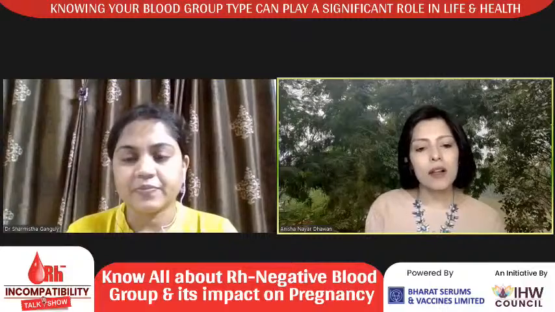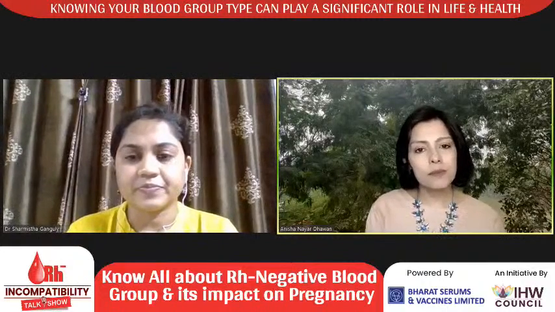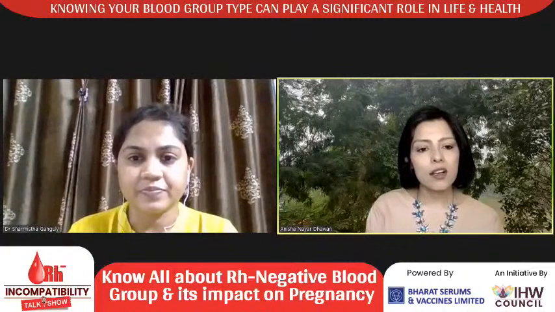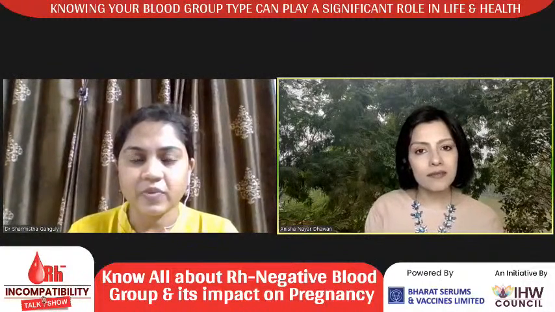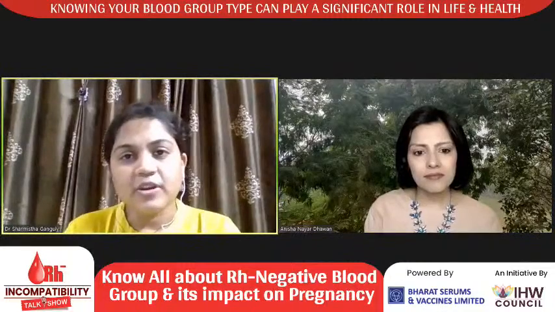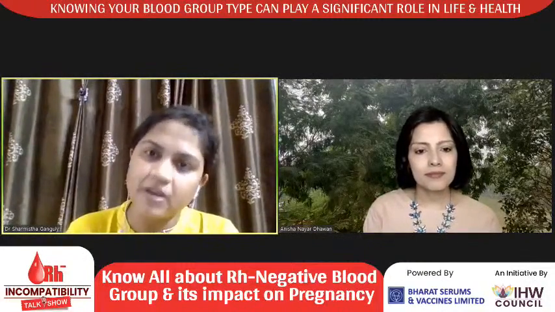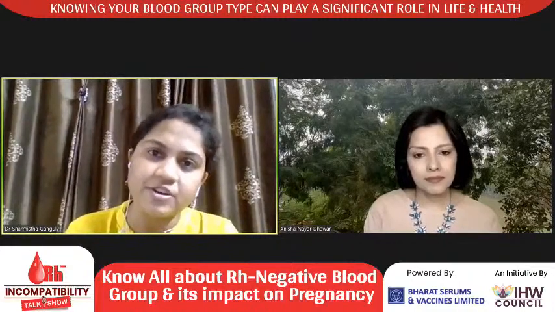All right. And in your experience, how many mothers are being given the anti-D on a monthly basis? We try to give NTD for every mother. We advise it for every mother whose baby comes out Rh positive within 72 hours.